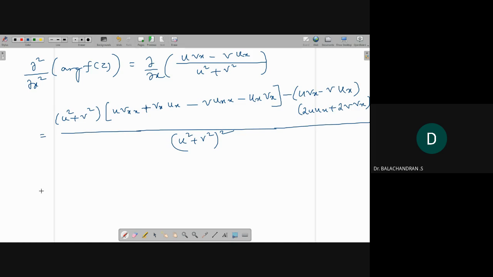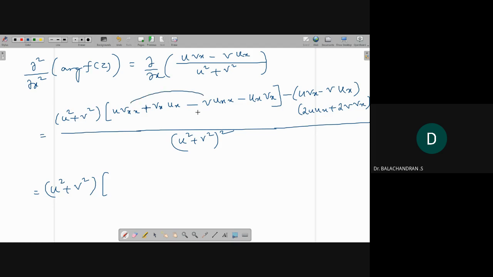Okay. So now you need to simplify further. I will write like this: u square plus v square into, I group these two.